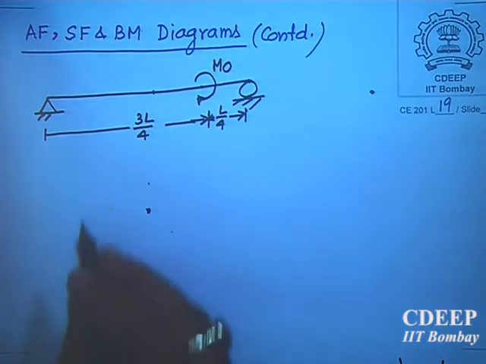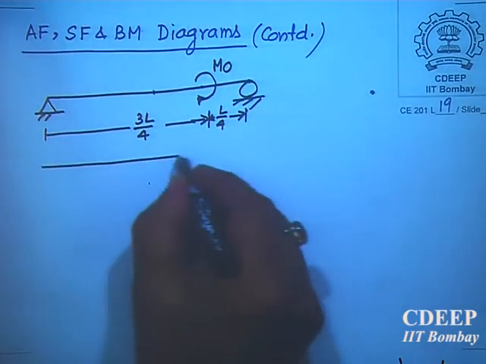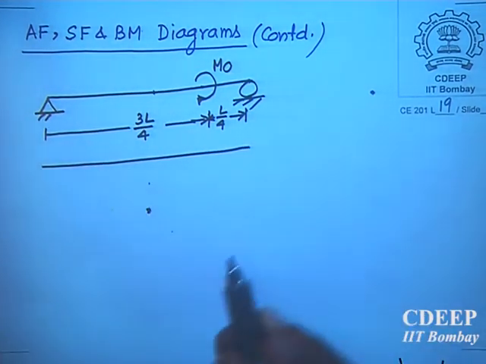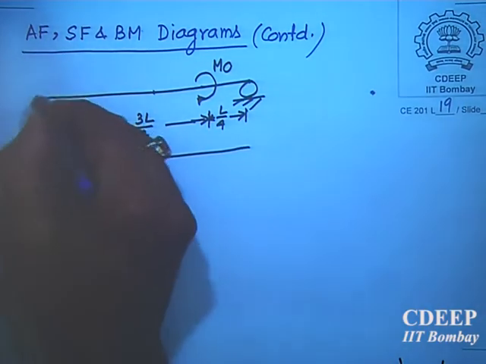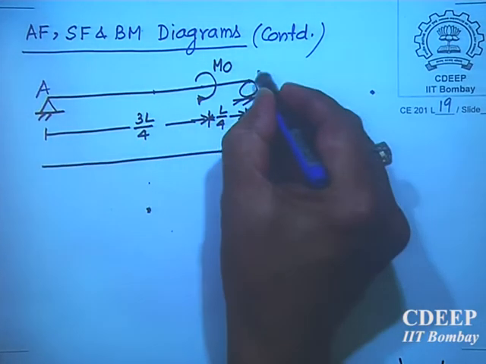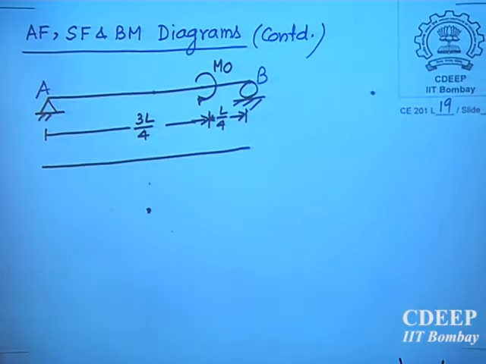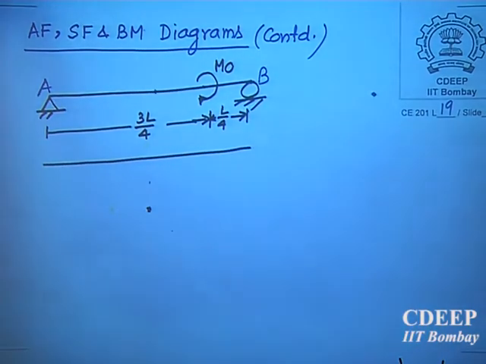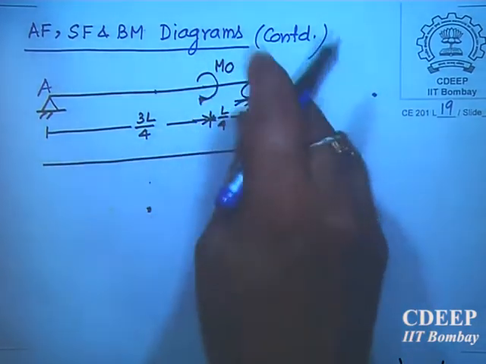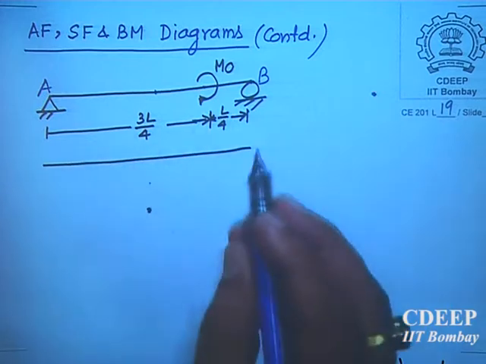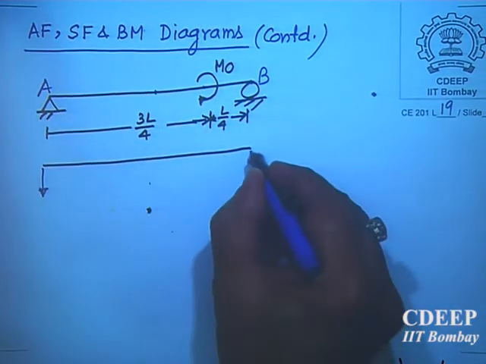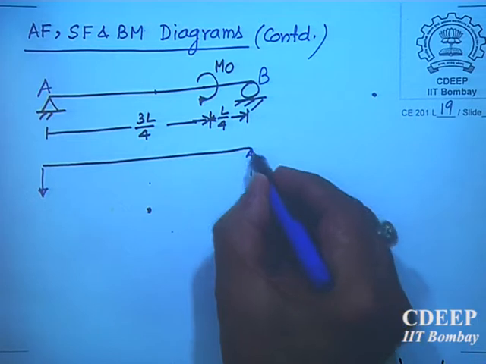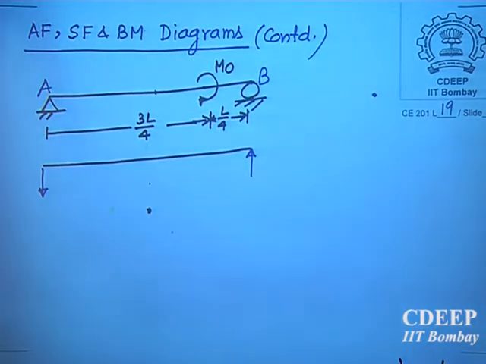See, will there be any change in the reaction? Tell me, what will be the reaction? This is A and B. Now I have changed the position of the applied moment. So the reaction will be the same.